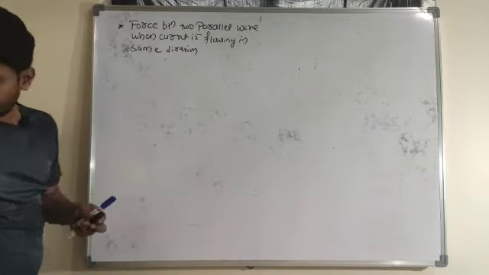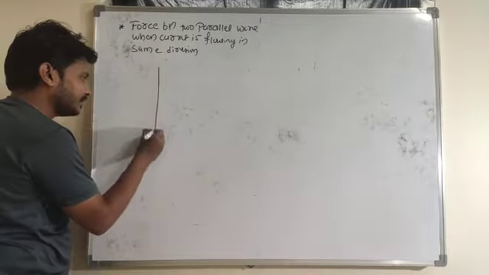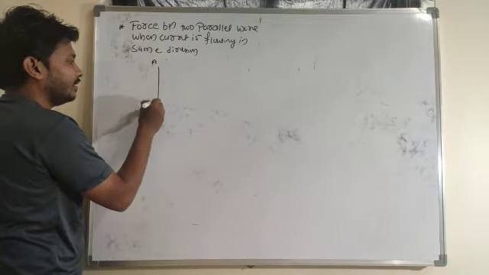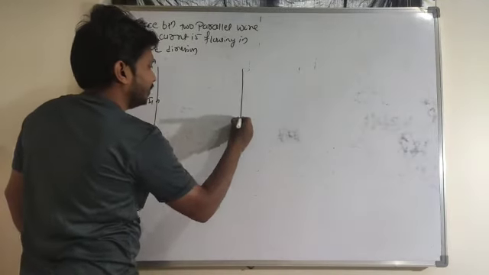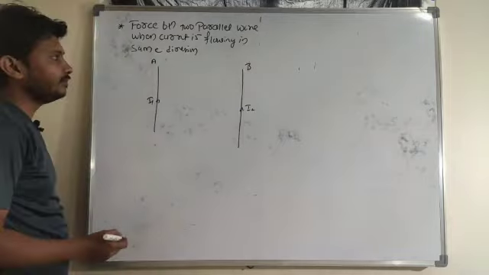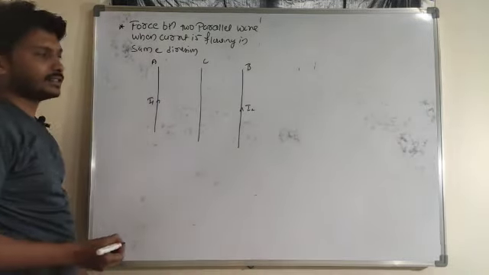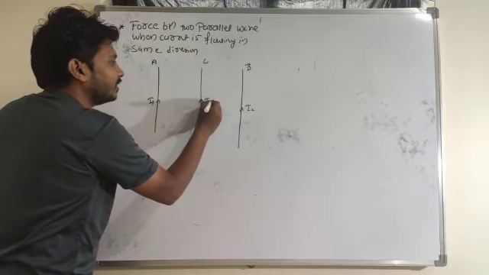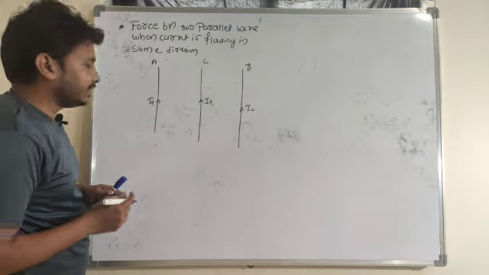For example, let me consider wire A, in which current I1 is flowing. In wire B, current I2 is flowing. Now let me consider another wire, wire C, in which current I3 is flowing.